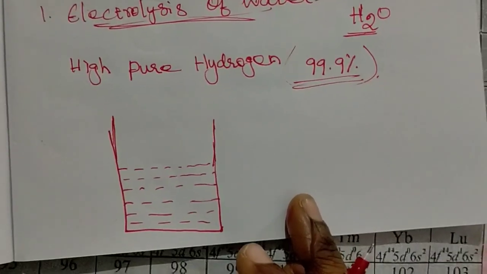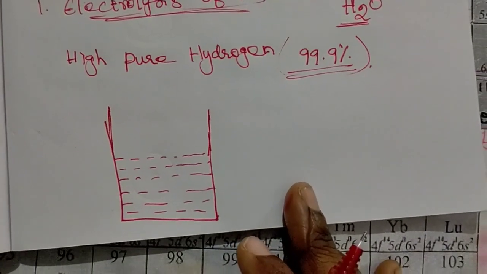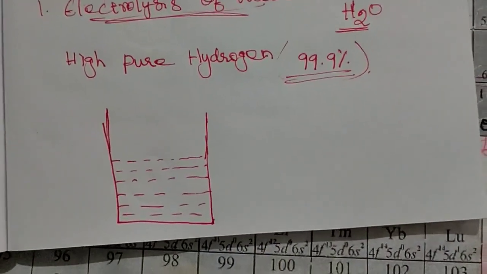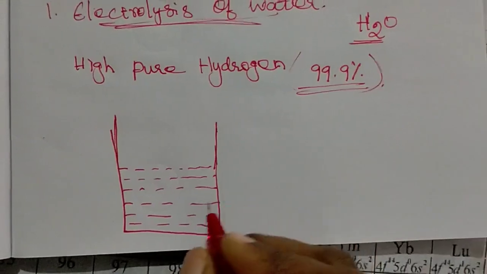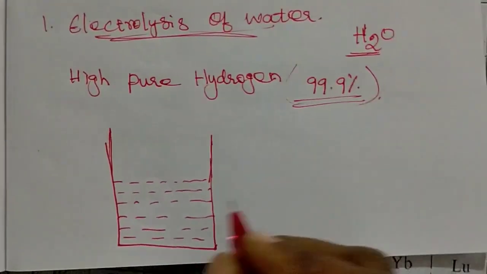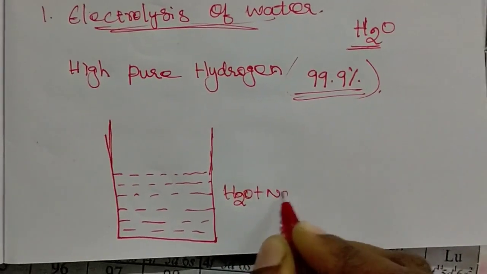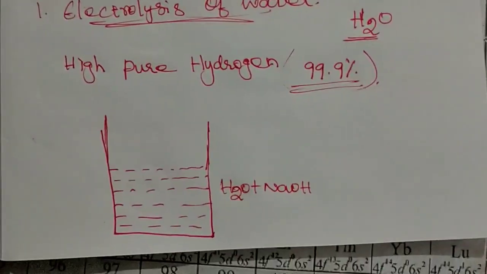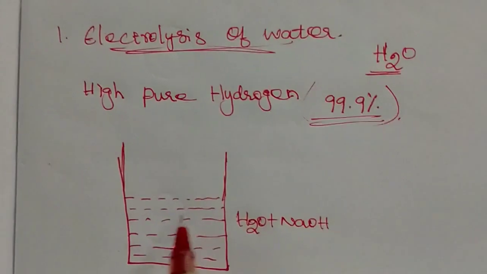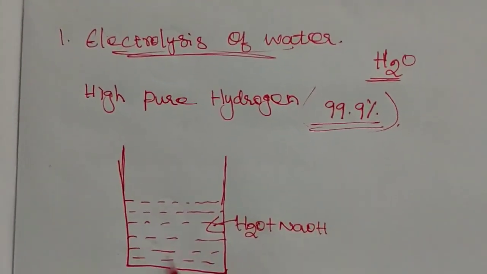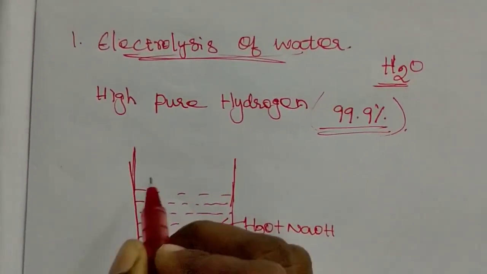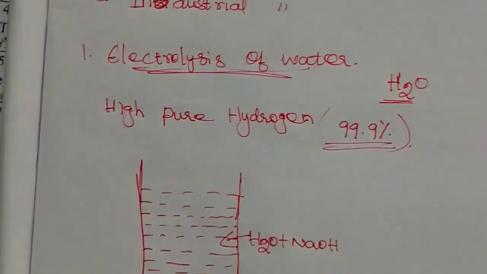So we take sodium hydroxide or potassium hydroxide. We took water with alkali, H2O with sodium hydroxide. This is the solution which is filled as the electrolyte in electrolysis of water.